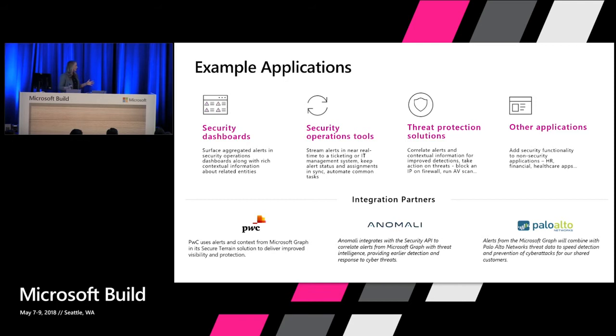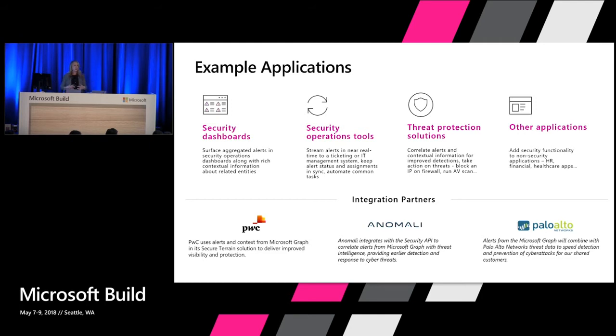So what can you do with the security API? What kinds of applications can leverage this data? Well, first and foremost, security dashboards, either organizations that have built their own custom dashboards or managed security service providers who are building dashboards that they leverage across their customer base, certainly can benefit from insights from the security API.